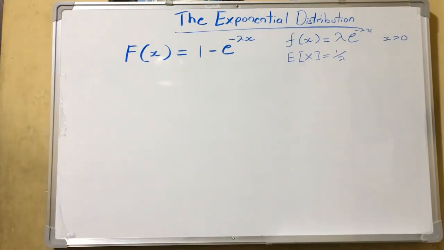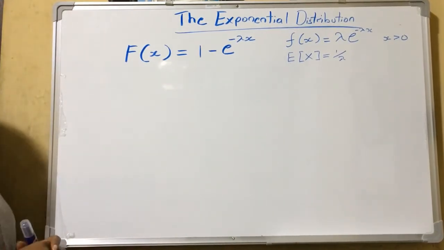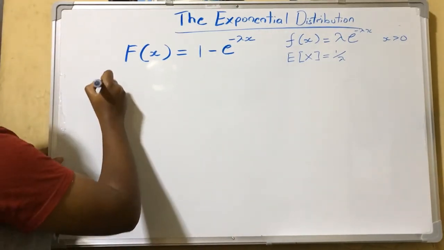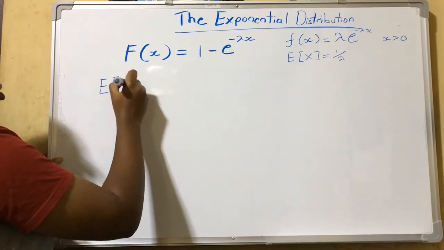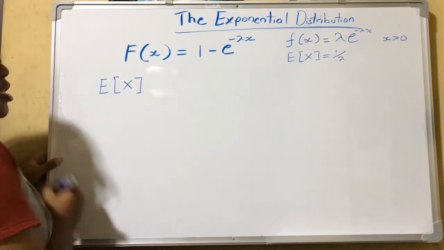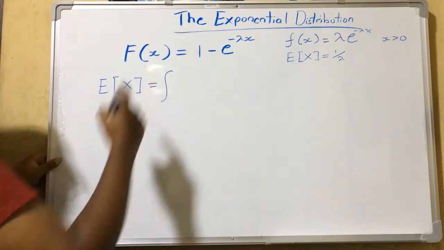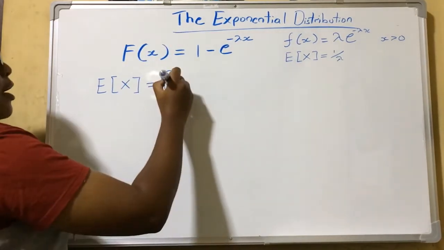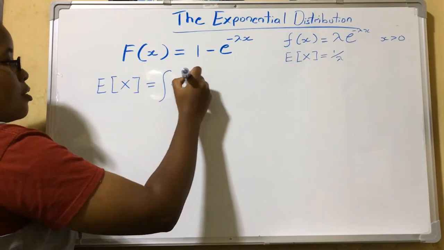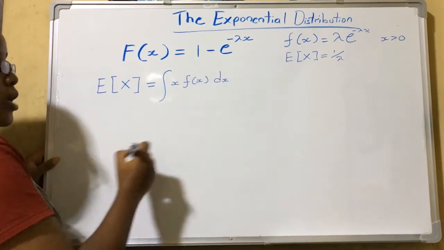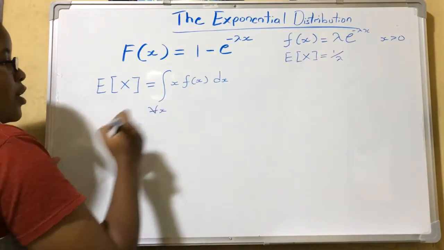So the question is, can we derive the mean given the probability density function? The answer is yes, because when you need the expectation of x, where x is from a particular distribution, if it is a continuous function, we integrate x times the probability density function with respect to x for all values of x.